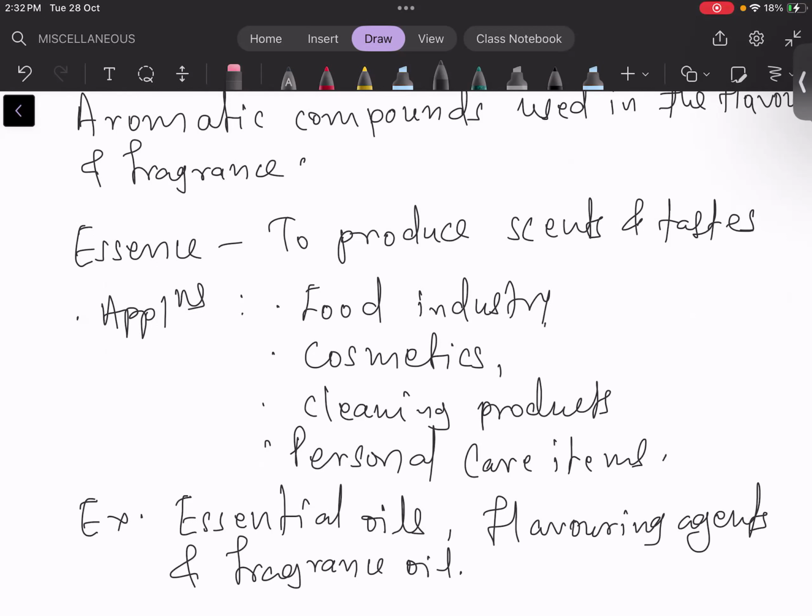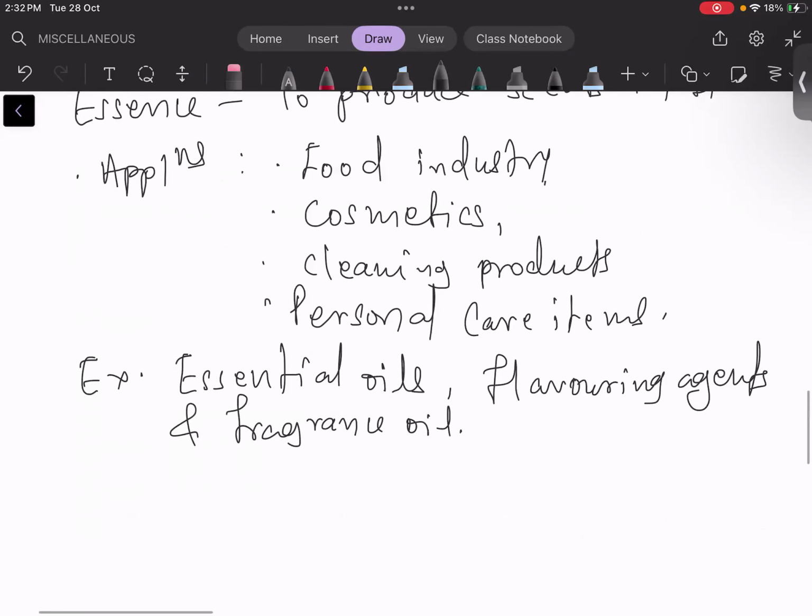Then the next point in this category is dyes. Now, what are dyes? Basically, dyes are the pigments that impart color to the substrate.